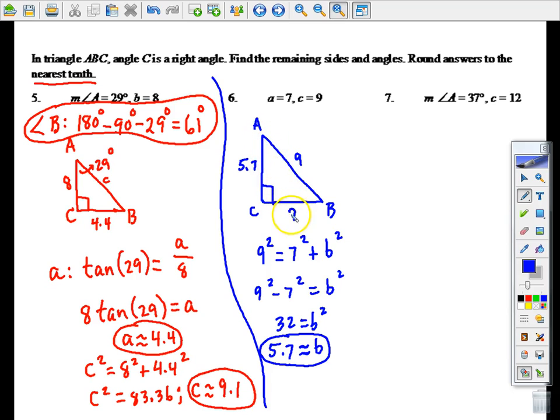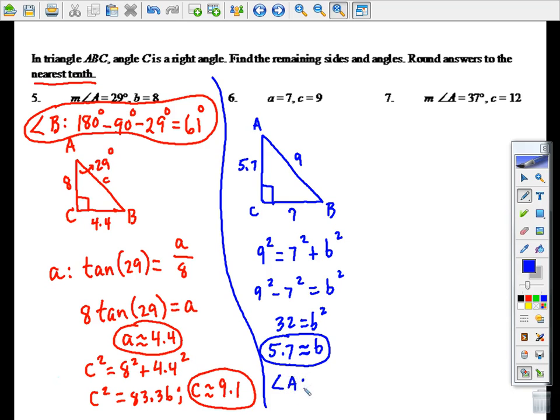Remember, sine is opposite over hypotenuse. I don't want to do cosine because that would involve using this rounded side measurement, and it's not terrible, but it's going to make my answer a little less precise. So for your test, I want you to stay away from decimals if you have other options, and we do in this case.